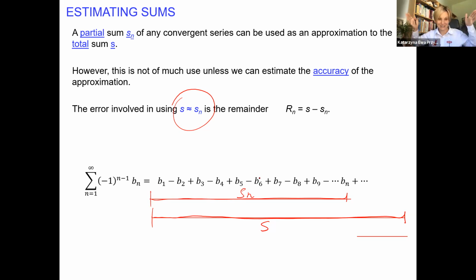However, when I take this long line, which represents the entire sum, and subtract the finite number, I have this small difference, the remainder or the error in the estimation. And what this theorem is telling us is that, without having the entire sum, we can estimate that difference, that error, that remainder.